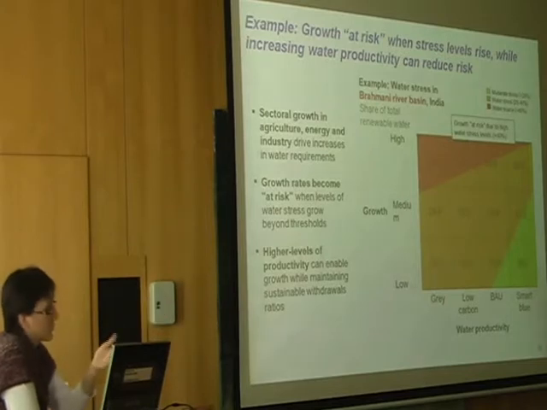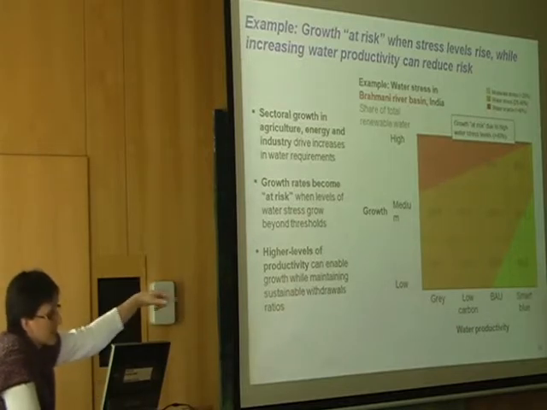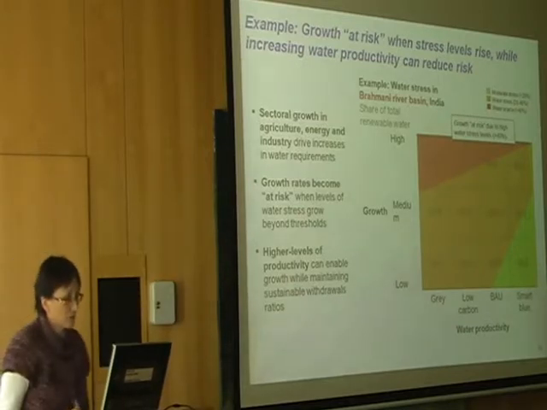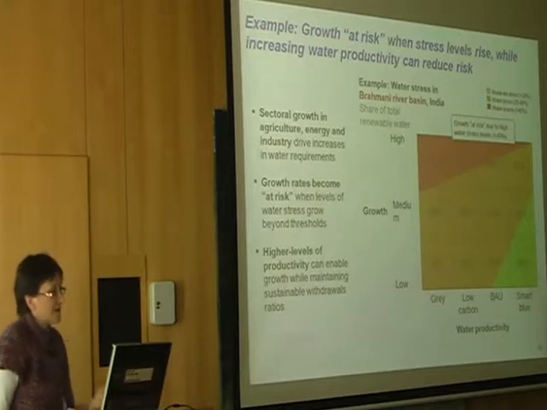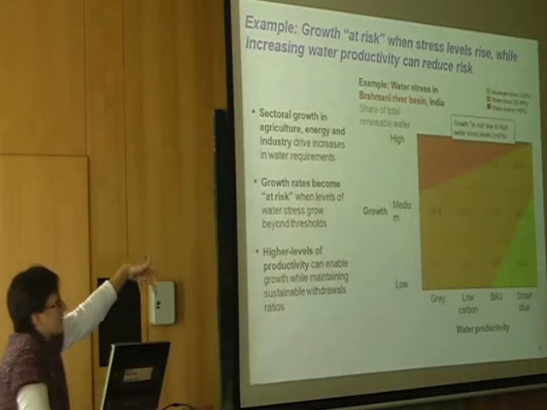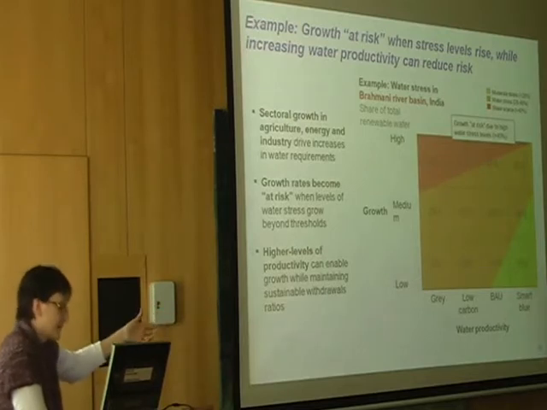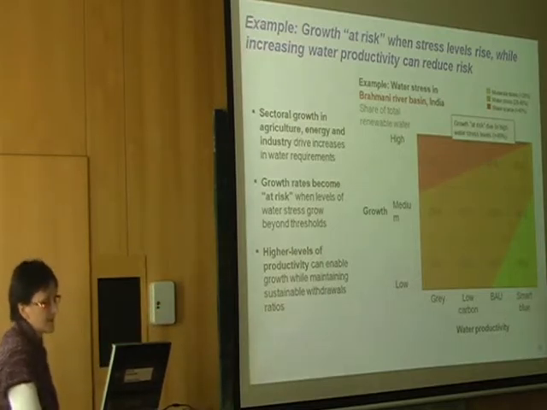So 16.2. In fact, I'm surprised it shouldn't even be green, you're even outside the moderate stress level at 16.2. So basically, this shows that different levels of economic growth affect your water scarcity status, and at the same time, different levels of water productivity can affect it too.